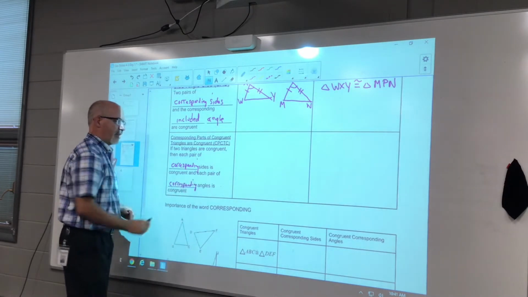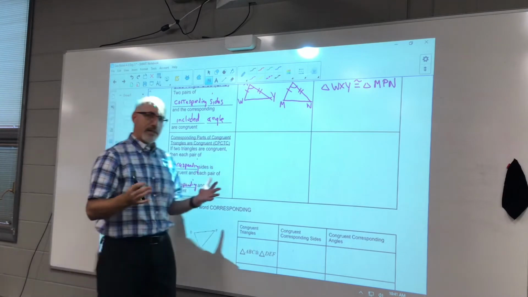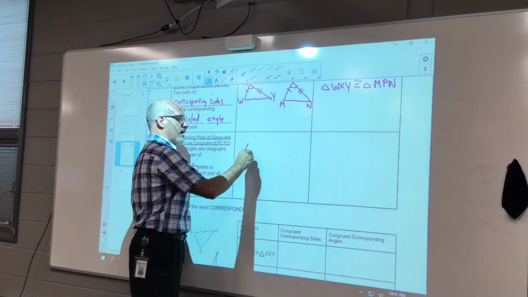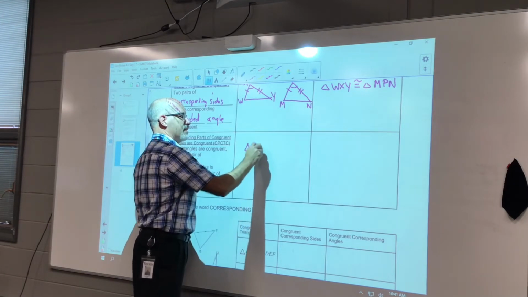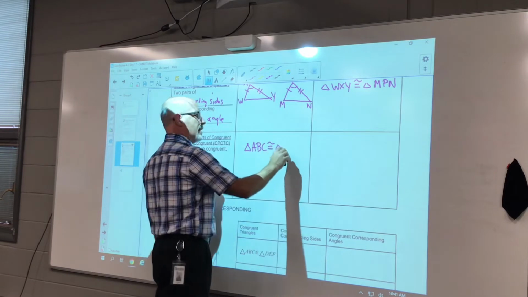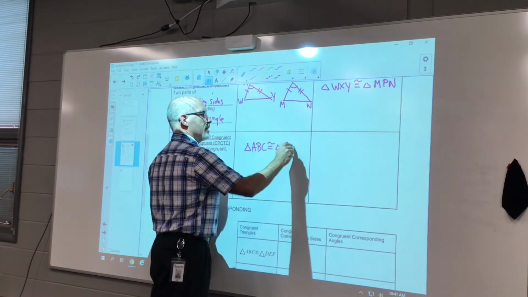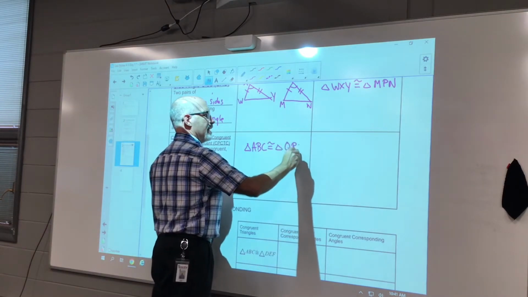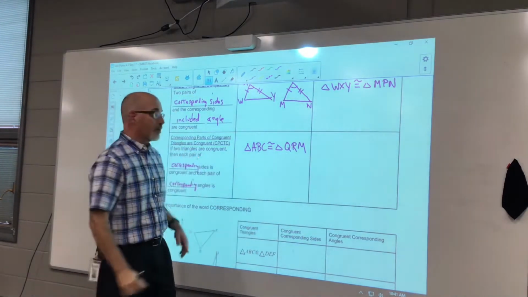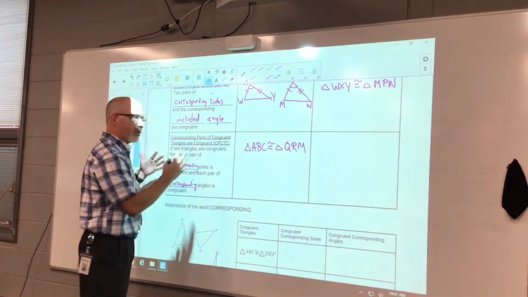So this is going the other direction. We start knowing that the triangles are congruent. So if we start with the given being triangle ABC is congruent to triangle, let's say Q, R, and then M, all right?